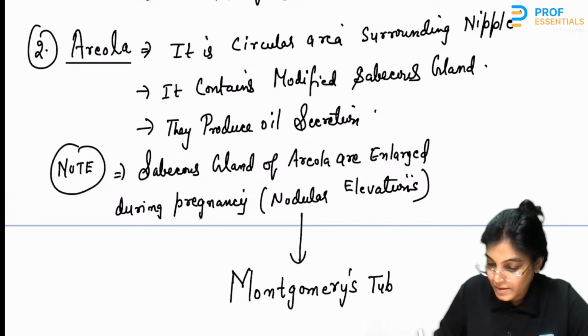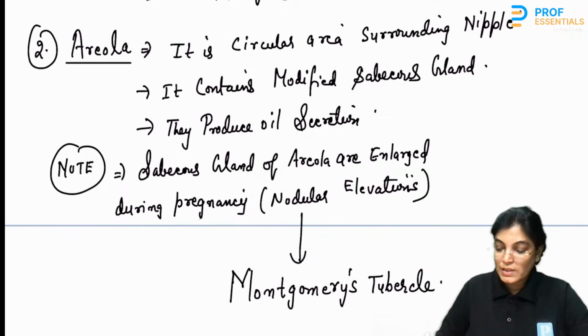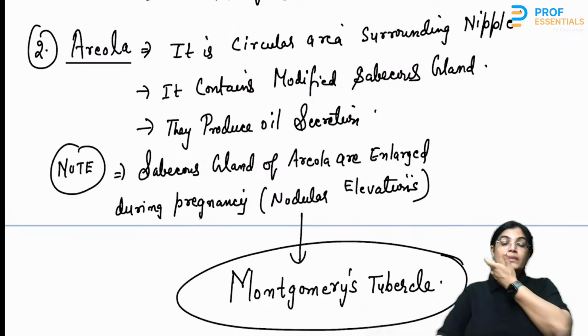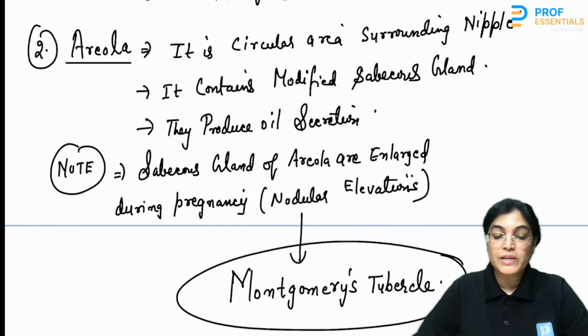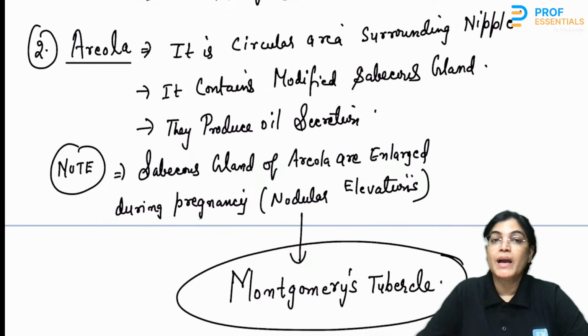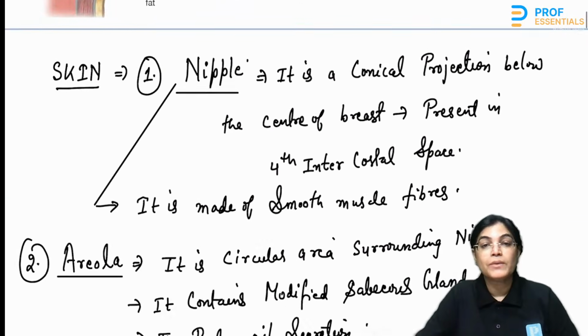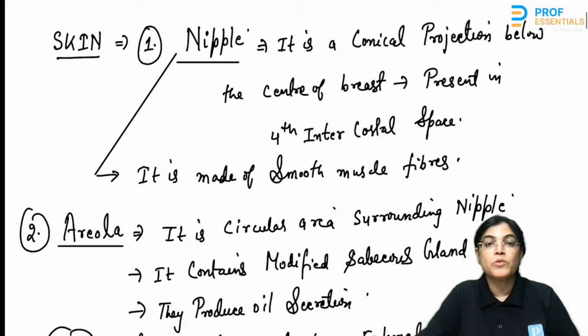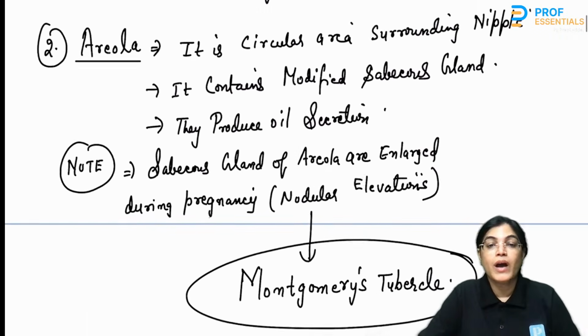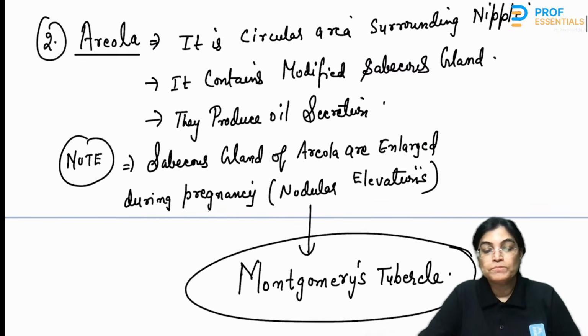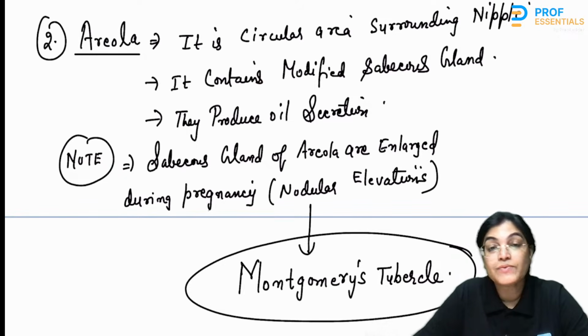This can be asked in the viva, or as an MCQ. So two important things which can be asked are the location of the nipple, that is the fourth intercostal space, and the Montgomery tubercle. Okay, so we are done with the important things seen in the skin.